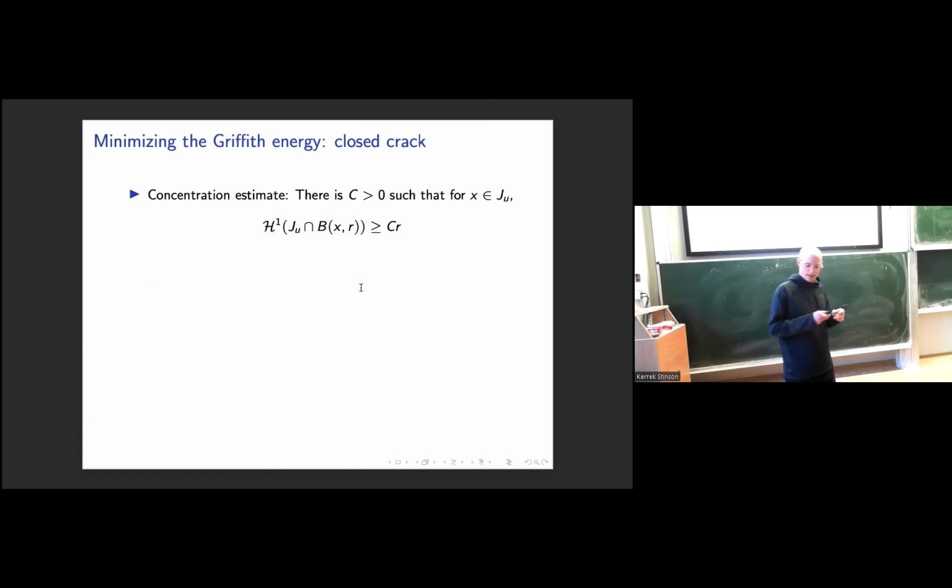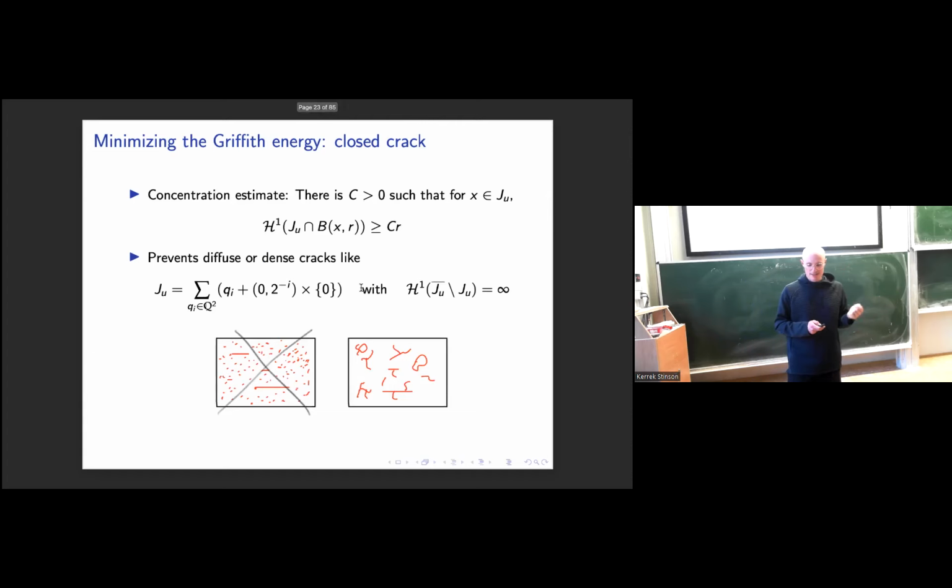And you show that if you take a point that belongs to the discontinuity set, so if I have x within J_u, and I look at some small scale near that x, denoted by r, basically in a ball around the point, there's a relatively large number of other discontinuity points, at least proportional to the diameter of that ball that you're looking at. And this is very nice because it prevents unexpected behavior of the crack. So it prevents having your crack diffusely spread through your region.